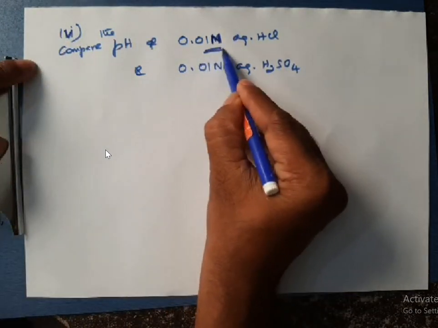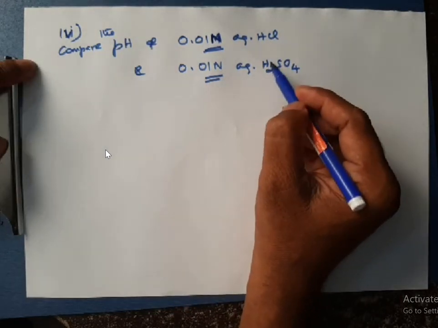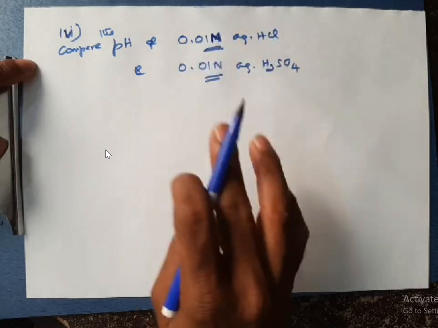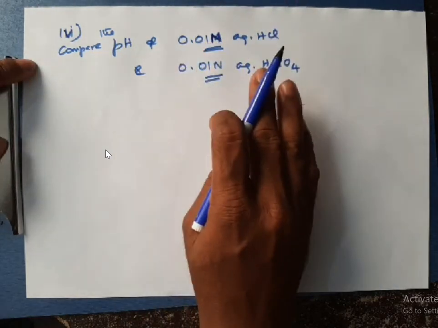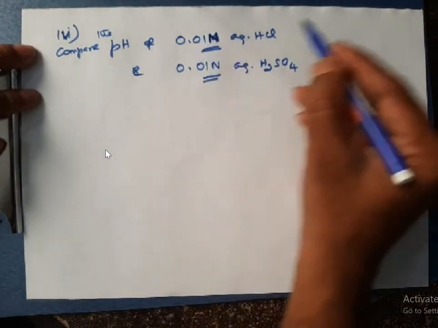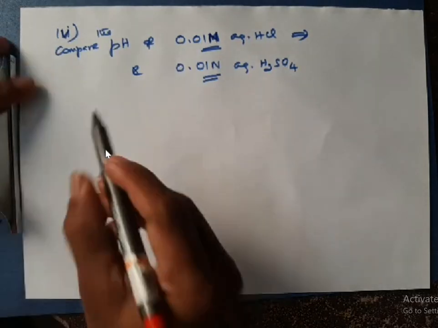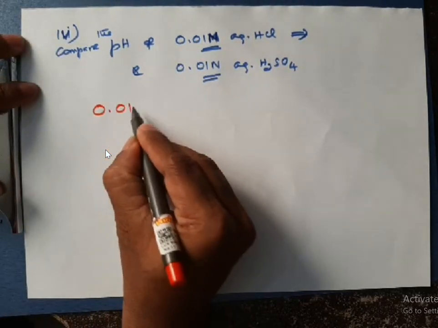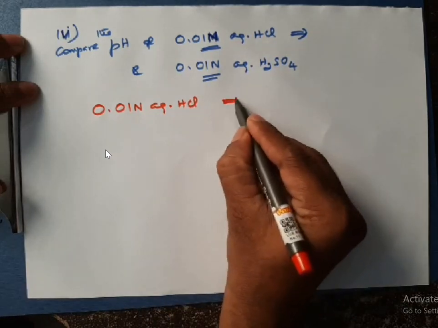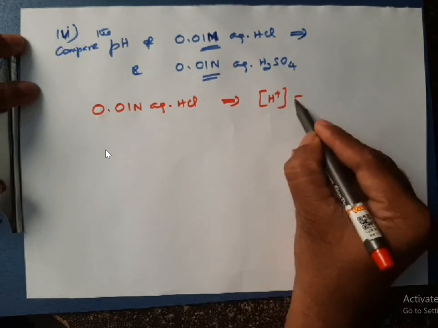If it is given in normality, see the acid. The acids are strong acids. If they are strong acids and have the same normality, then the H plus ion concentration must be the same. In the case of 0.01 normal aqueous HCl, let me write the concentration of H plus in molarity.